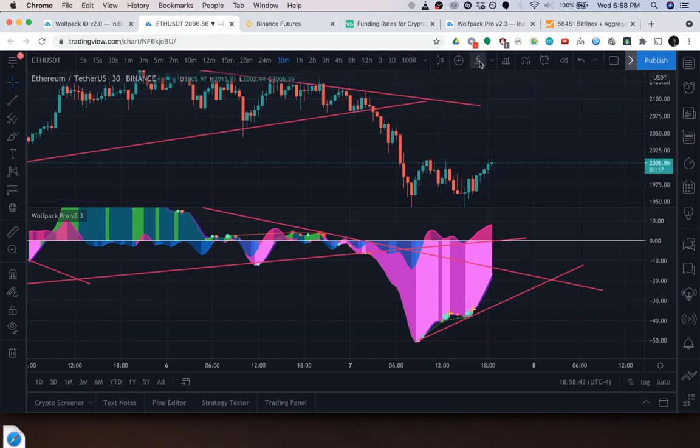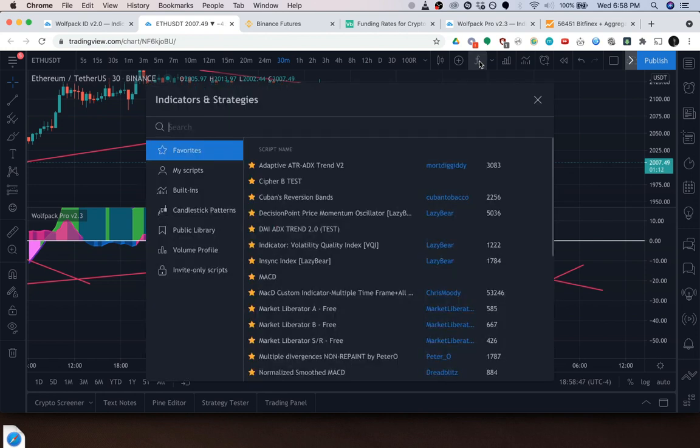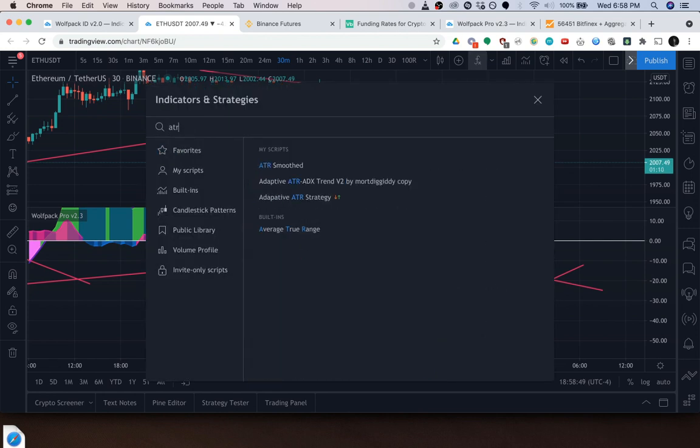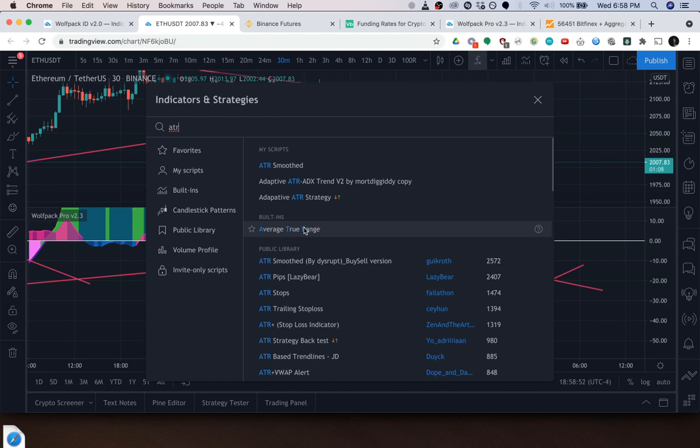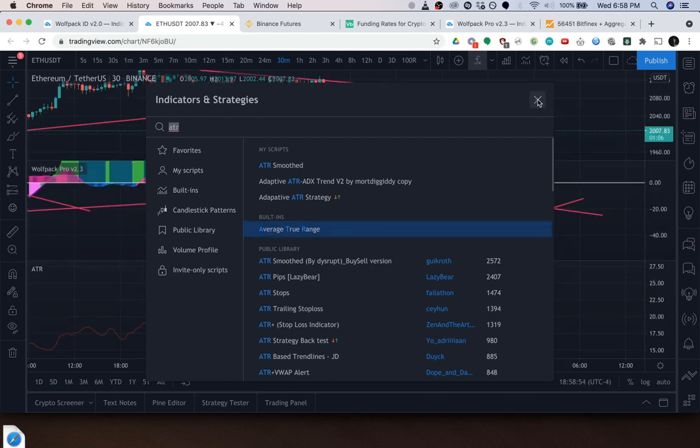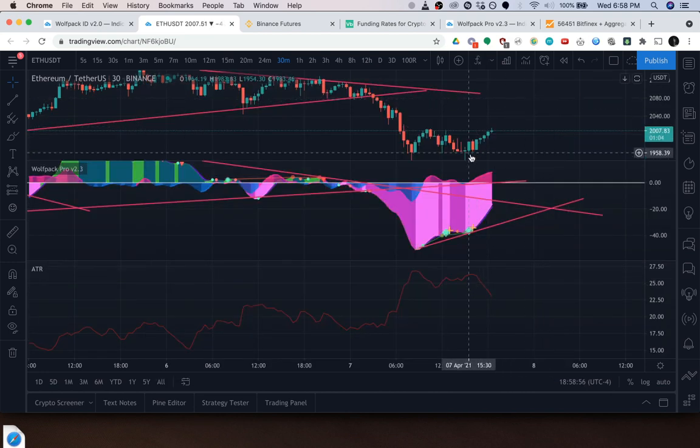The best way to set your stop loss to avoid whale dumps and stop hunters is to use the ATR tool, so average true range. I just use the built-in one. And if you bought this emerald or this golden cross, ATR was at a value of 26 at that time.